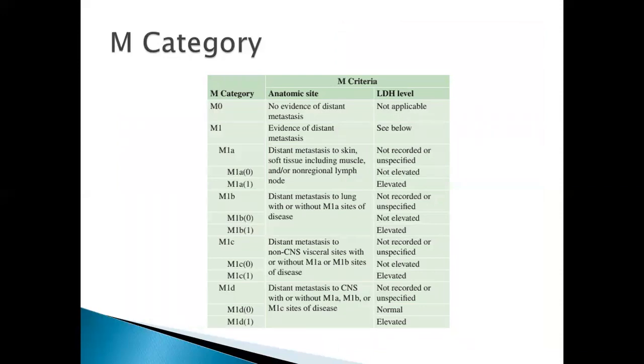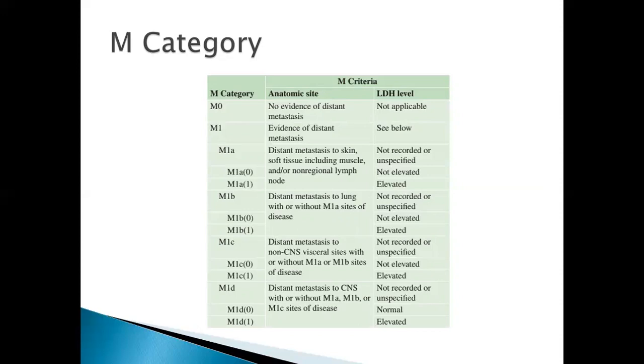The M category has 4 subcategories, which are broken down into additional subcategories. As you can see, the additional information being used to assign the M1 subcategory is the LDH level. So, as we learned when assigning the melanoma SSTIs, the LDH is usually ordered for patients that have distant metastatic disease and is used then to assign the M1 subcategory. These subcategories may seem complicated at first, but it really isn't.